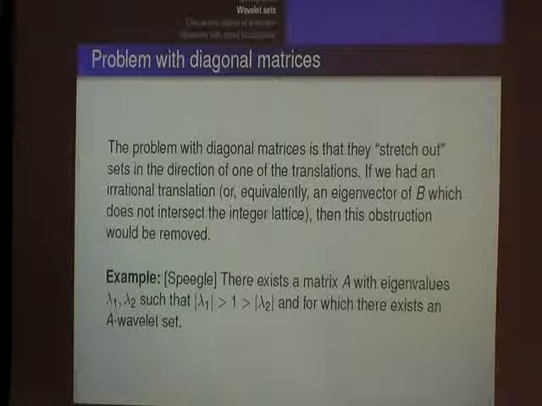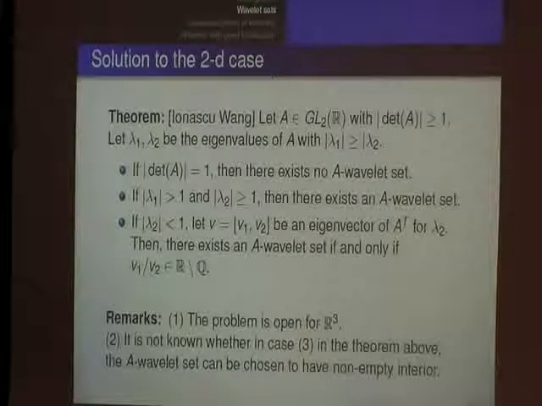And so using this as an example, I thought, well, maybe if we had an eigenvector that had an irrational slope or something, right? Then we'd be pushing things up in such a way that this obstacle would be eliminated, at least. And maybe, if we're lucky, we could force things together in just the right way to get it to tile by dilations and by translations. And it turns out that was correct, and even more than I thought.